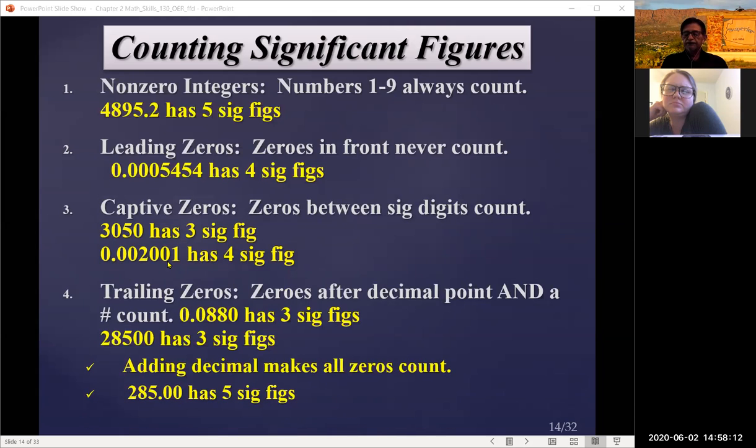Anytime you add a decimal point to your number, any 0 becomes significant. So the number 285.00 has 5 sig figs. In that case, those zeros are significant, which brings me to the questions that you ask yourself.